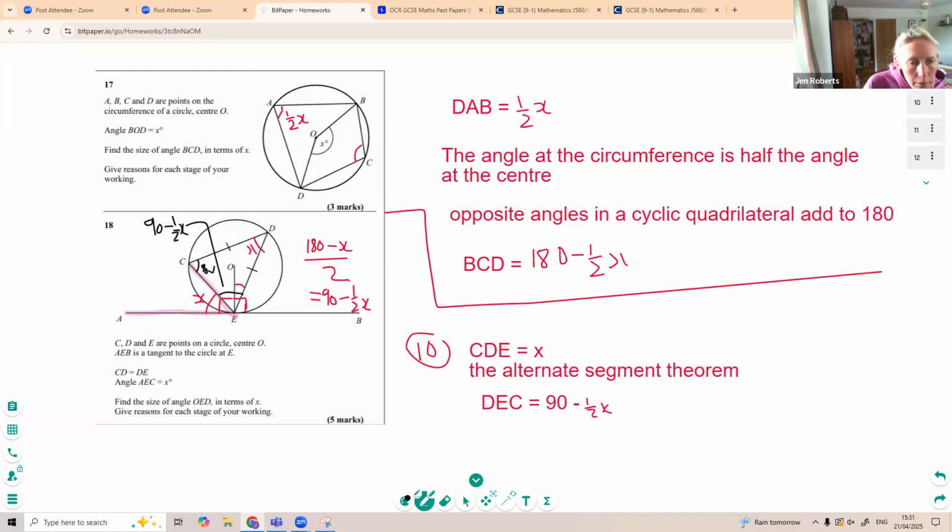And the alternate segment theorem shows that this angle here is actually the same as this angle. So that was also 90 minus half x. And then, because this angle here is 90 degrees, if we do 90, take away 90 minus half x, we will get OED.